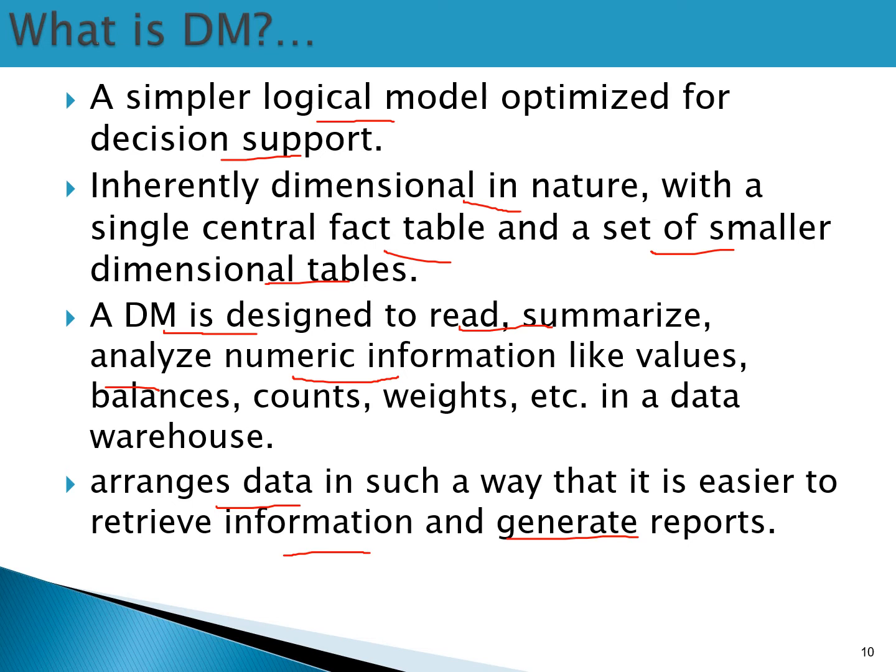Here we are concerned with fast retrieval and report generation. Every dimension model is composed of one central table with a multi-part key, called the fact table, and a set of smaller tables that surround it, which we call dimension tables.